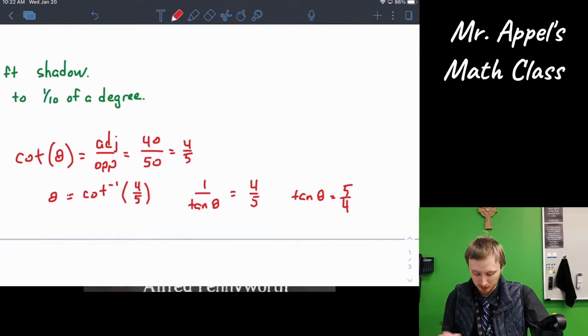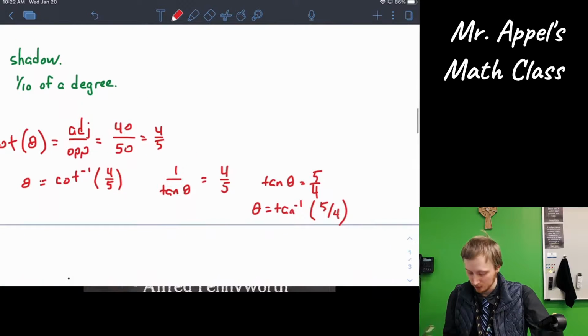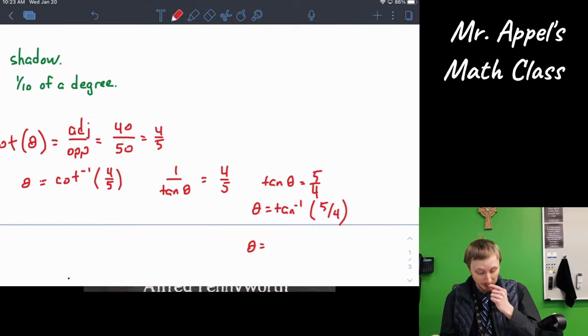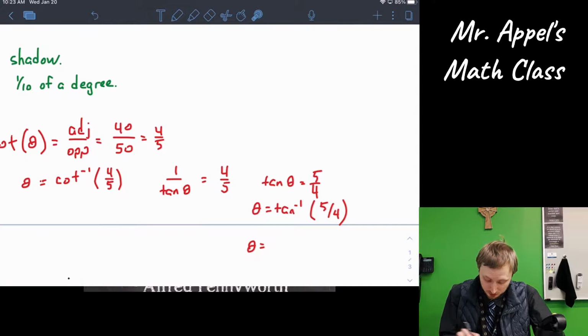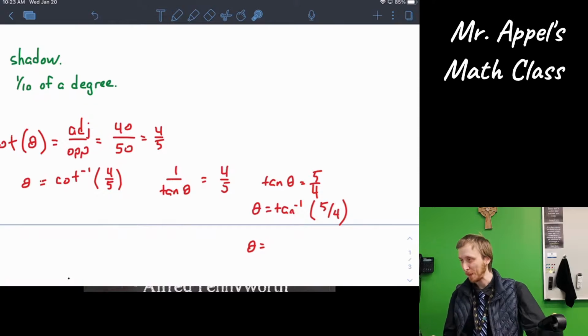I can reciprocal that. Look at that. So theta now is inverse tan of 5 over 4. Type that in your calculator. What do you end up with? Give me to the nearest 1/10 of a degree.